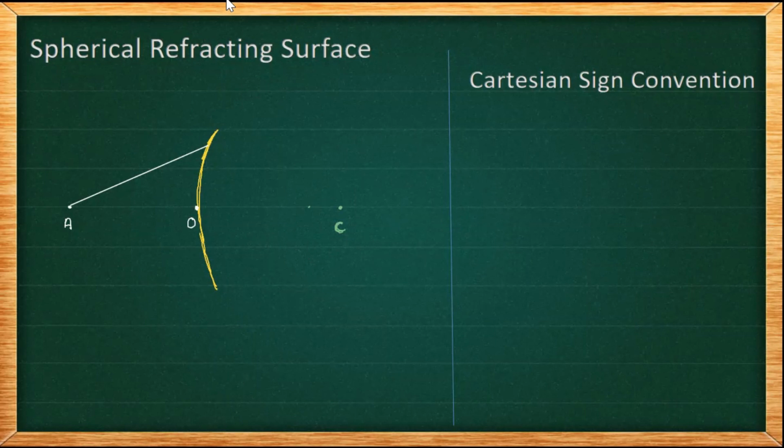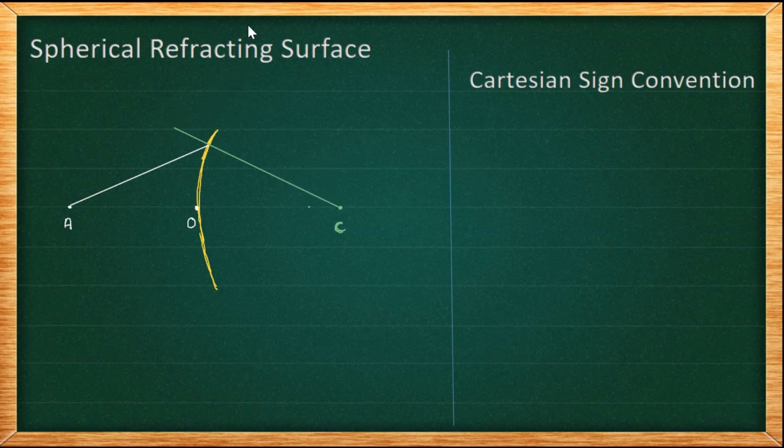So then the line normal to the surface will be just this, just that. Okay.